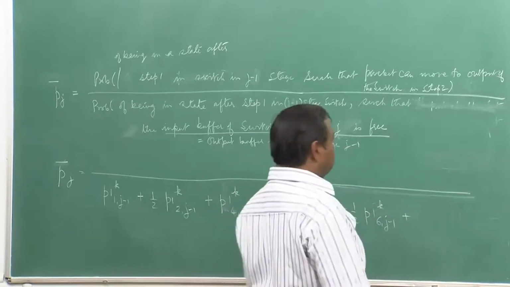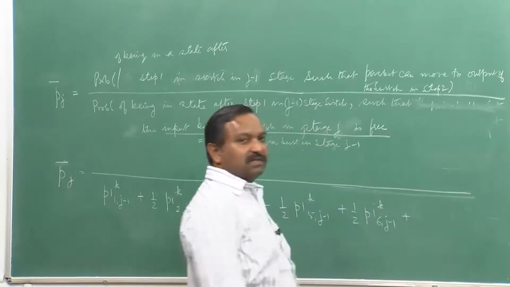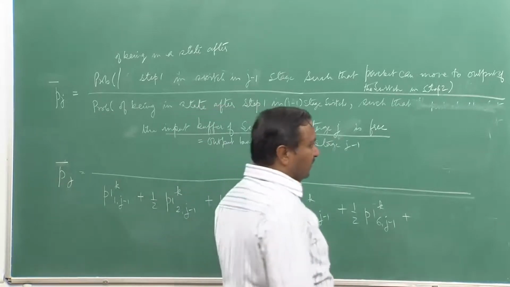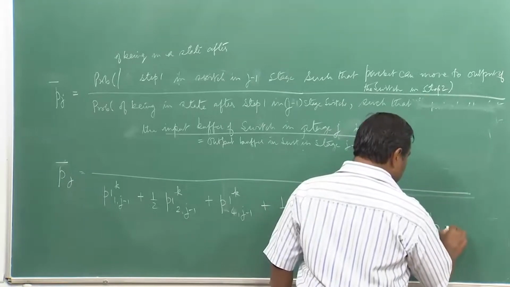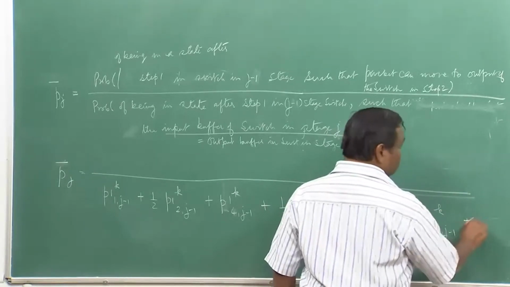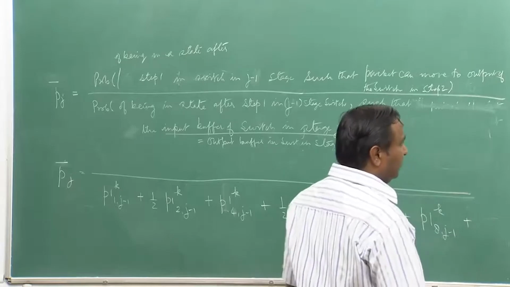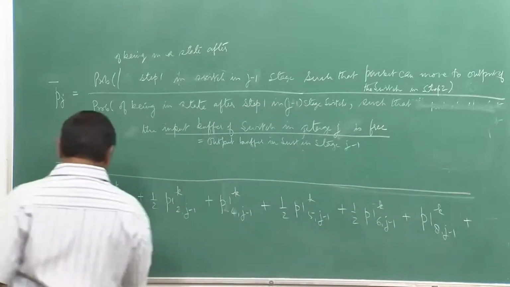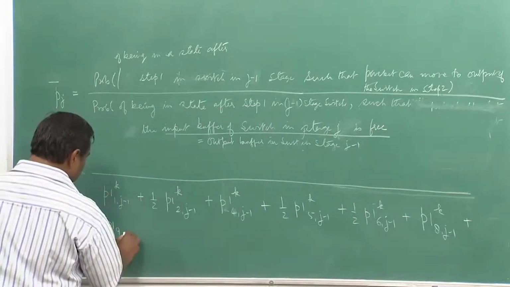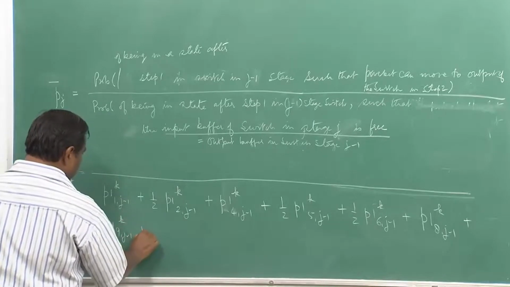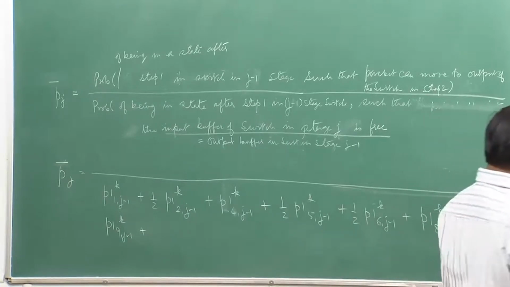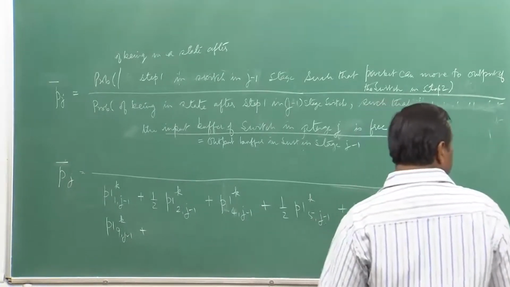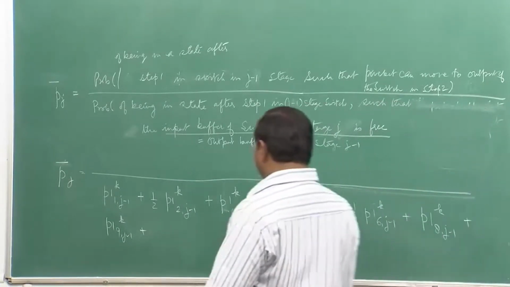The seventh cannot be there because the output buffers are not free. The eighth, both are free, so it is without half. The ninth, both are free, so it is again without half. And then we look at the 10th, only one of the ports is free, so the 10th, 11th and 12th will be with half actually.